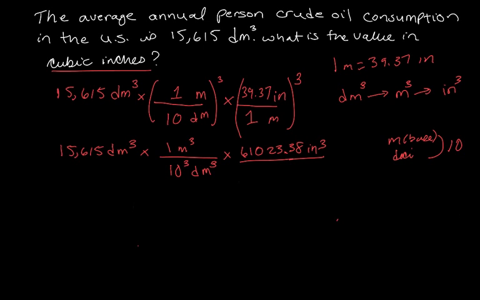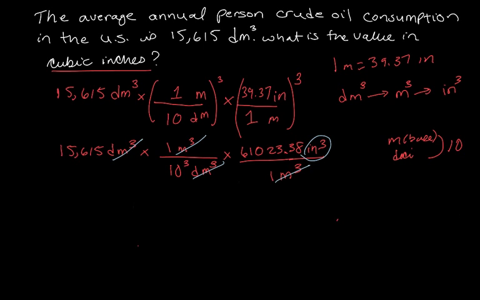And then we also bring the cube to the bottom, but 1 cubed is 1, so that's over 1 cubic meter. So you see, now we can cancel out the decimeters, we can cancel out the cubic meters, and we're left with our desired unit of cubic inches.